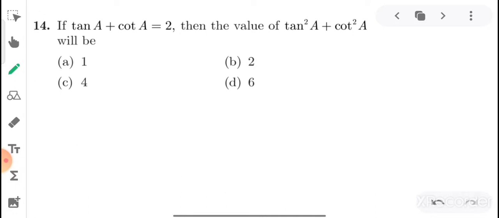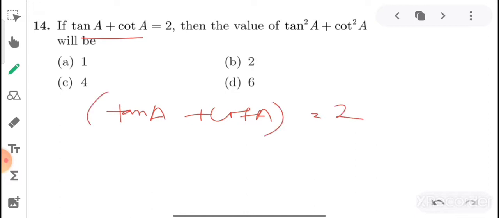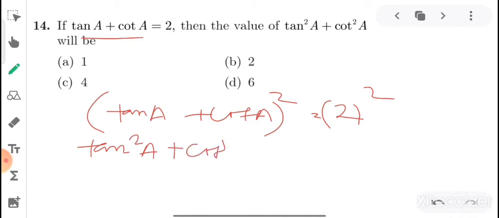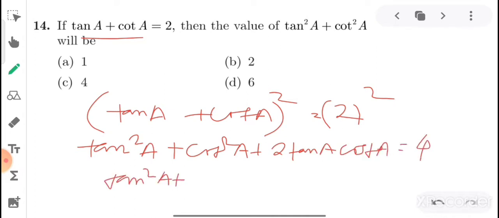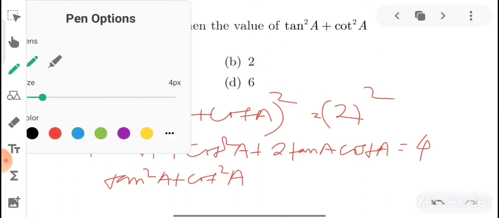Here tan A plus cot A equal to 2 is given. If we take square on both sides, then expanding this equation, tan square A plus cot square A plus 2 tan A cot A is equal to 4.